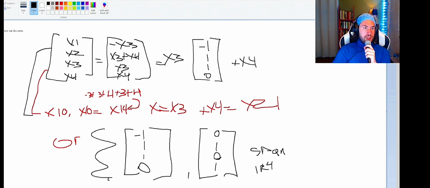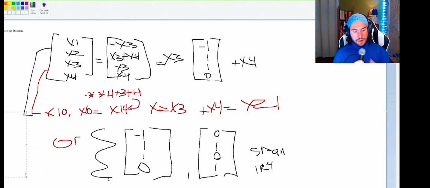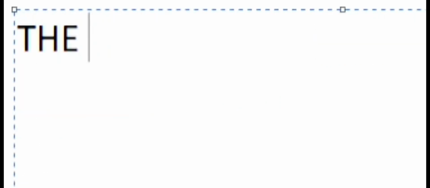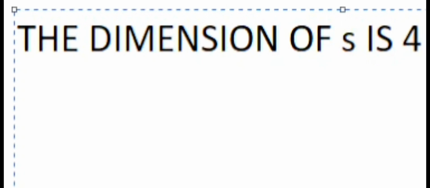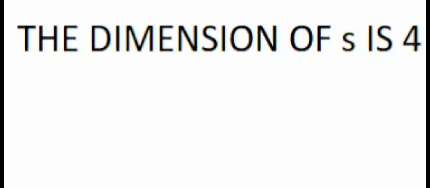The big takeaway from this, I'm going to write this out. The dimension of S is 4. So nothing too crazy. Like I said, gonna fly through this.